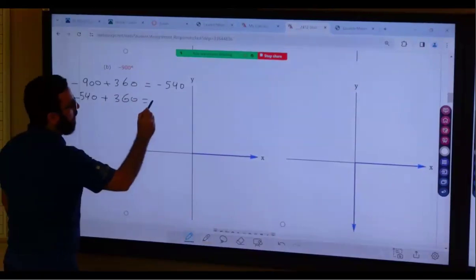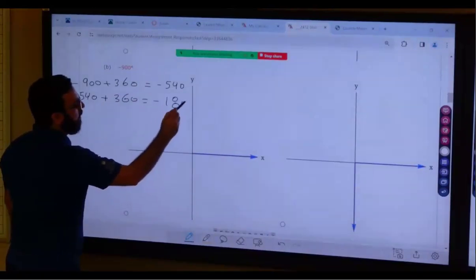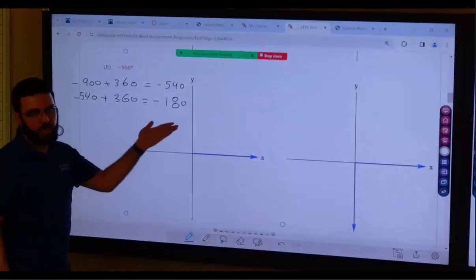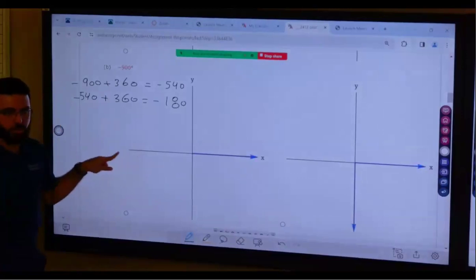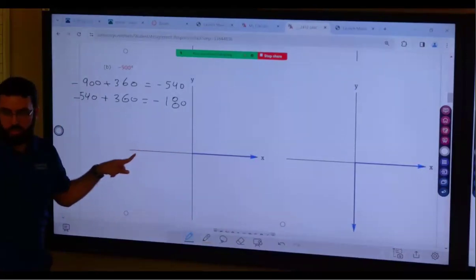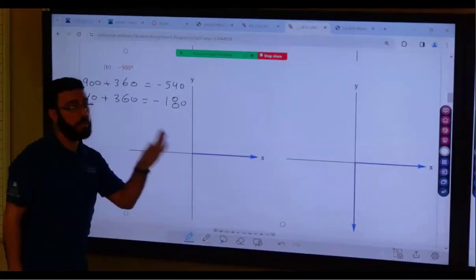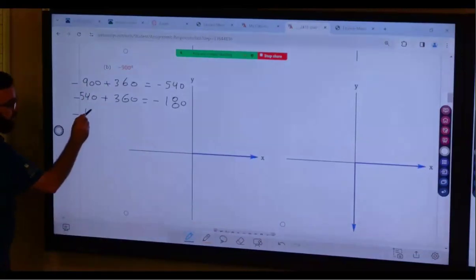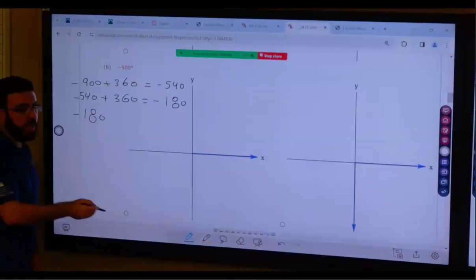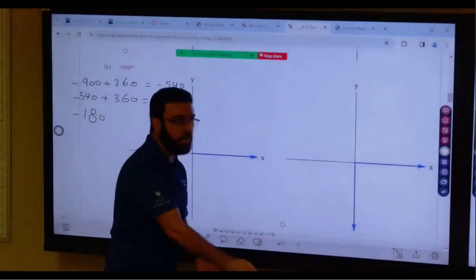Negative 180. You can tell where negative 180 is, it's gonna go backward, it's going to be on this side. Yes or no? Yes. If you're not sure how to graph it, go ahead, add 360 again. Yes, you can keep doing it, because the coterminal angle is going to be exactly the same one.